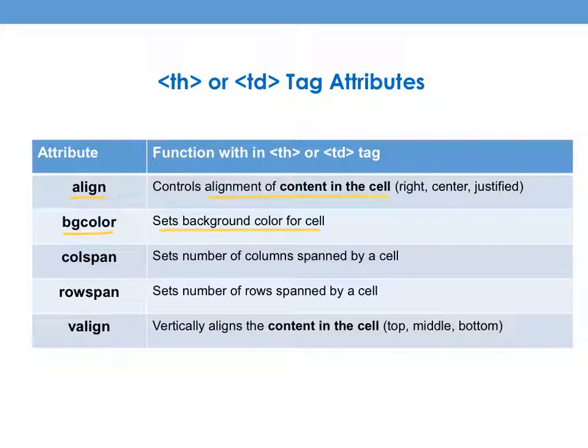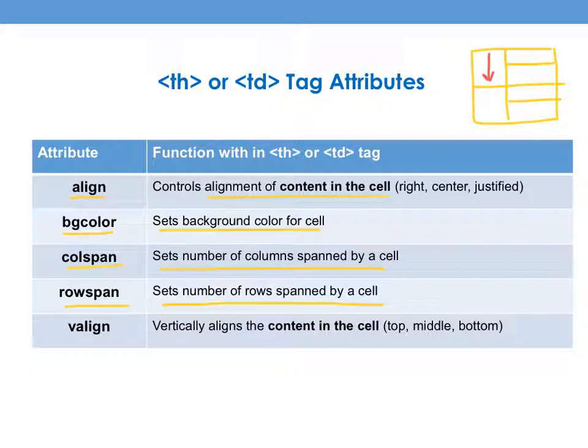And then we have two new ones called column span and row span. What column span and row span do is they set the number of columns or rows that that cell spans. So for example, if we had our table up here and I had something like the following, what you'll notice here is that this particular cell spans 2 rows. If we had another cell up above, this particular cell spans 2 columns.